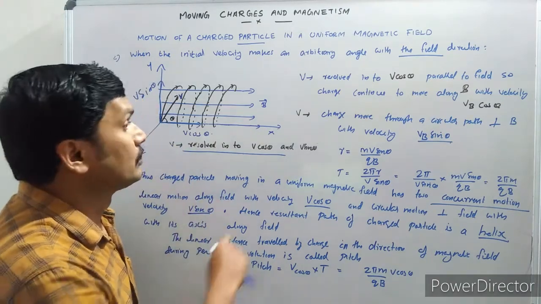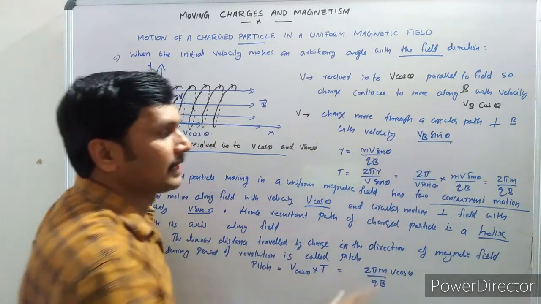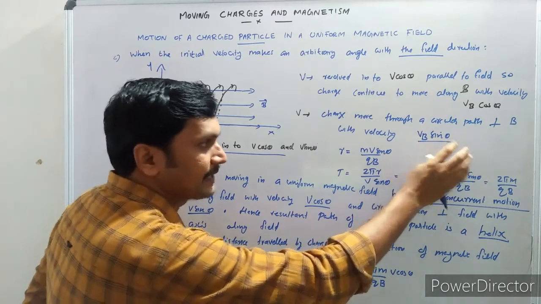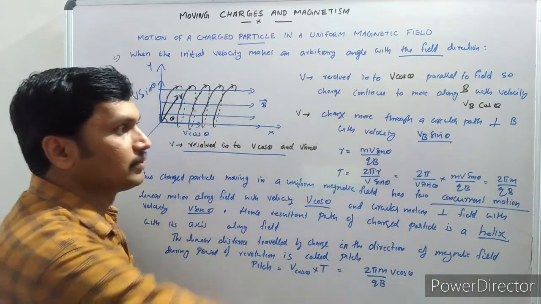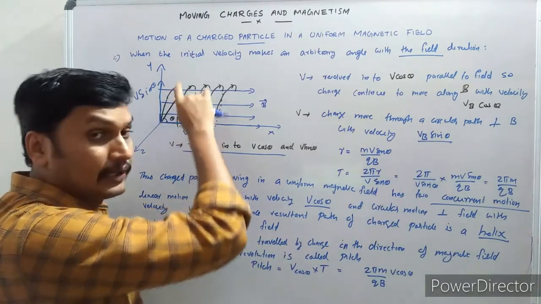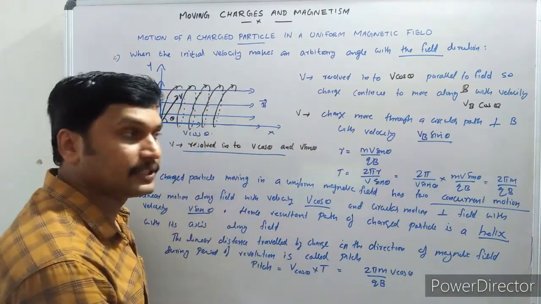So the charge moves in a circular path perpendicular to the magnetic field with a velocity of v sin theta.